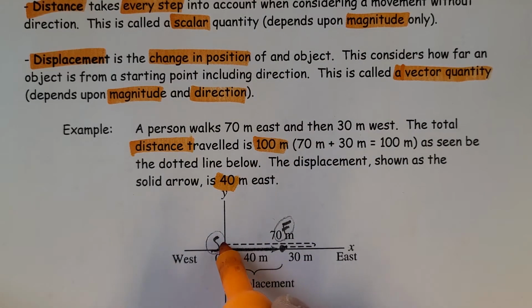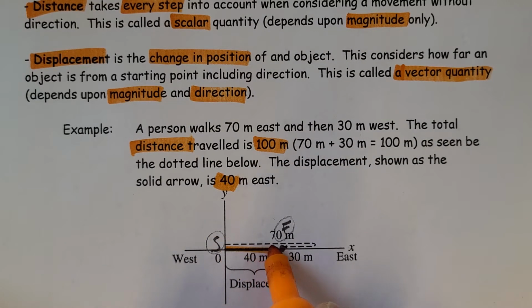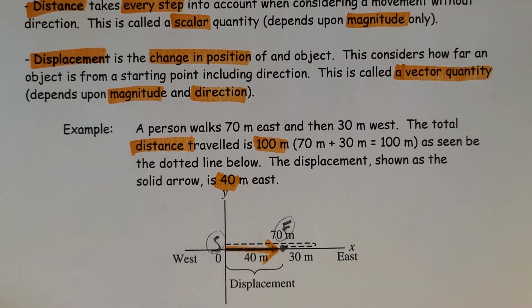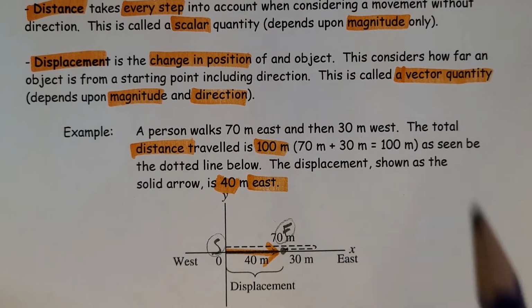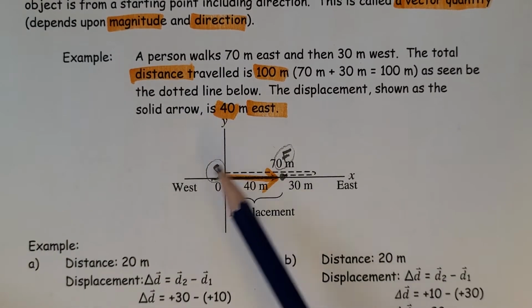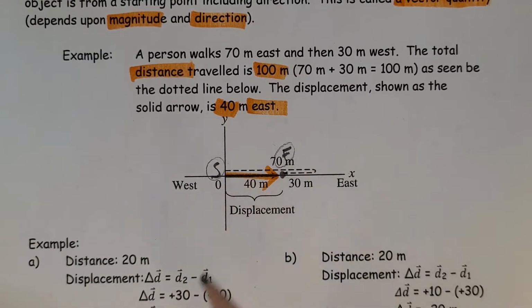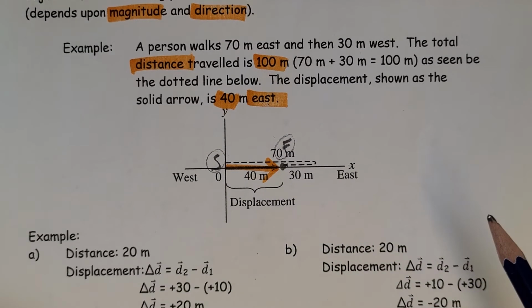And the direction would be in the east direction, as you can see right there, because it's a vector. So again, distance, every step that's made. Displacement is just looking at the difference in initial and final positions with the direction.